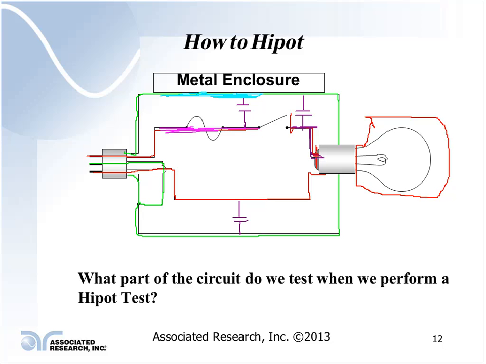I can also set a low limit, maybe 0.8, or 0.7, somewhere around in there, enough to make sure that whenever I perform a test it is seeing some leakage current through all of these circuits, okay? Now, you may not have enough capacitance variation within your product to know whether this switch is open or closed. A lot of it is going to depend upon the design of the product itself.